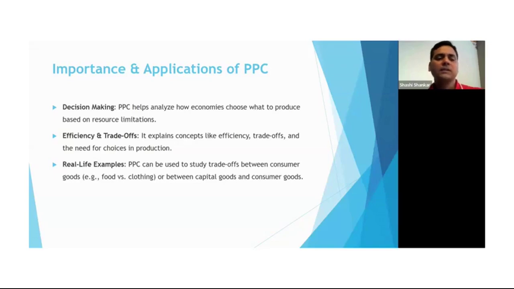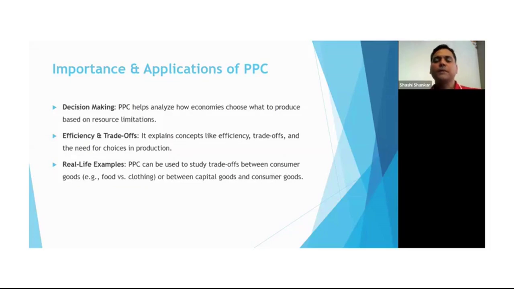Last but not least, the real life examples. PPC can be used to study trade-offs between goods. Based upon consumer goods, two goods or two services can be compared, and that is derived with the help of PPC. PPC can be used to study trade-offs between consumer goods, such as food versus clothing, or between capital goods and consumer goods.